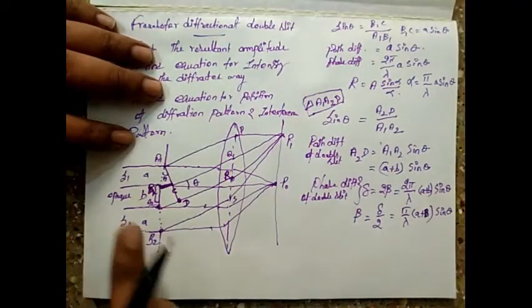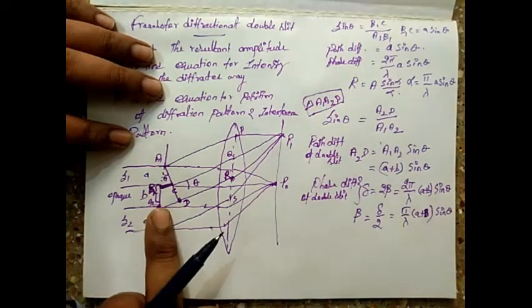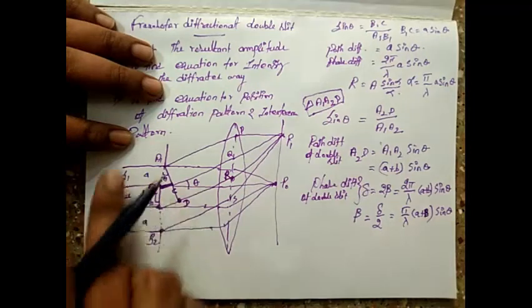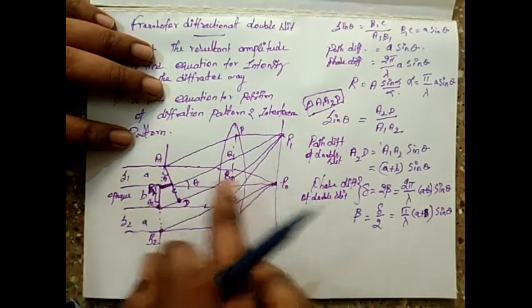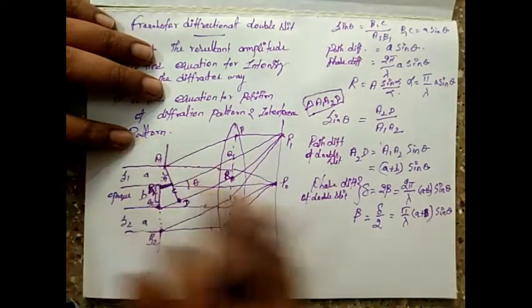Next we want to calculate the resultant amplitude. For finding it, first I am going to close slit 2. If I close slit 2, this diagram becomes a single slit and the output consists of the effect of only a single slit.